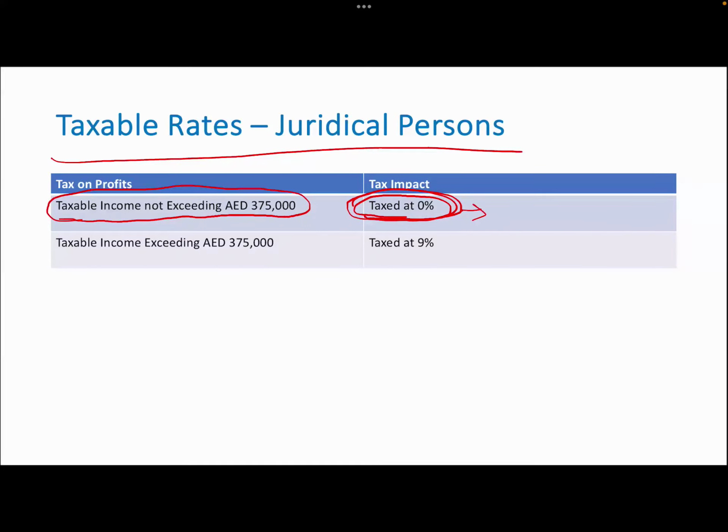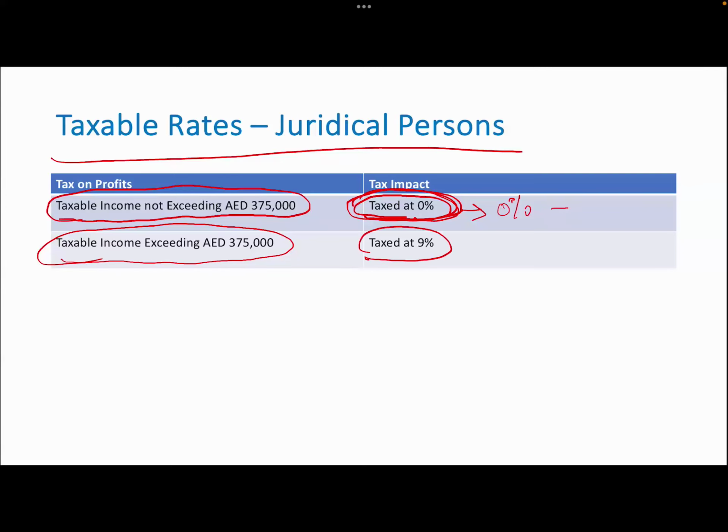This is not exempted. This is taxed, but it is taxed at 0%. Now, this 0% may change in the future. It may become 1% or 2%, 3%. We may not know as of now. But for now, remember, any taxable income not exceeding 375,000 is taxed at 0%. Taxable income exceeding 375,000 is taxed at 9%.